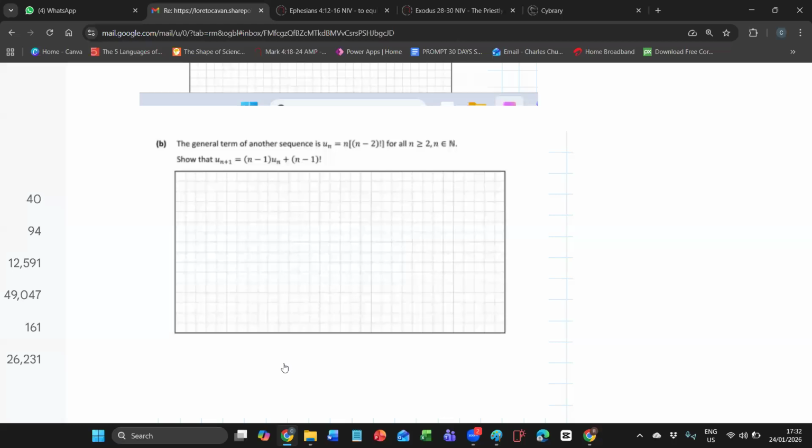It says that we should show that U_(n+1) equals (n minus 1) times U_n plus (n minus 1) factorial.